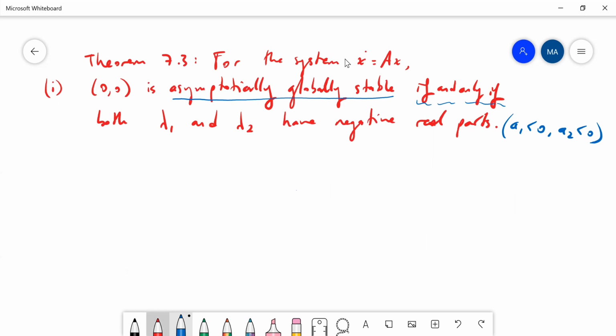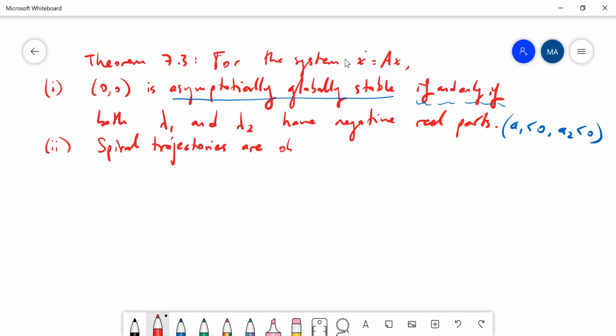And continue with the second item. Let me use the exact statement of the theorem.